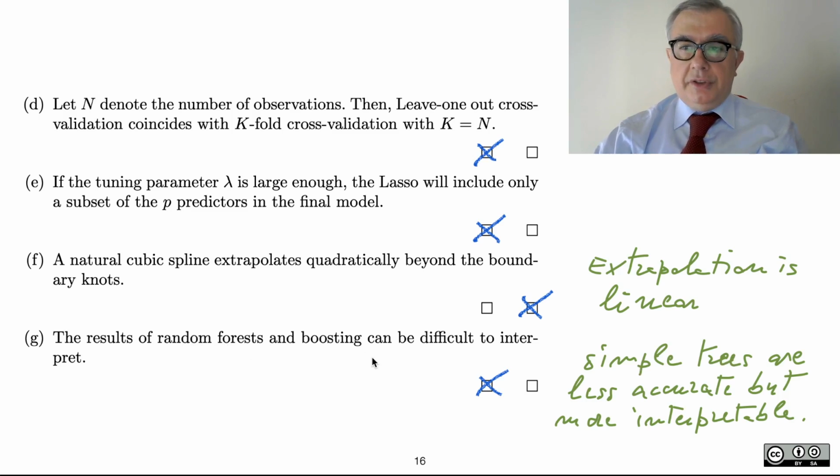But the advantage of simple trees is that, although less accurate, they are easy to understand. So they're more interpretable. But if you want accurate prediction, then you should take into account random forests and boosting, although they are more difficult to interpret.